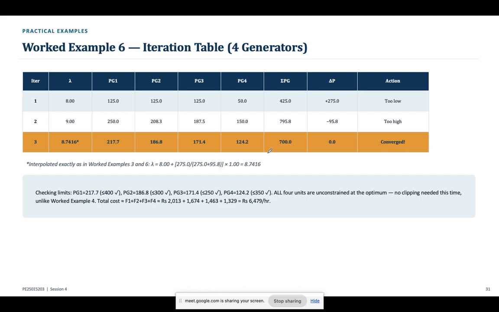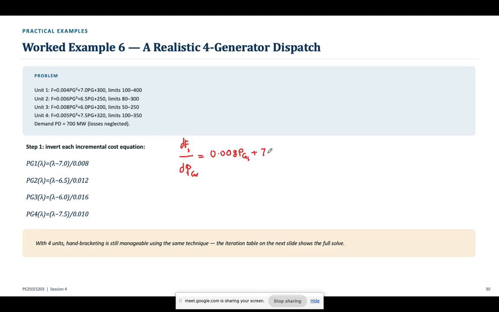So now we have the formula. If you want to substitute for pg1, we have to equate this to the lambda value.